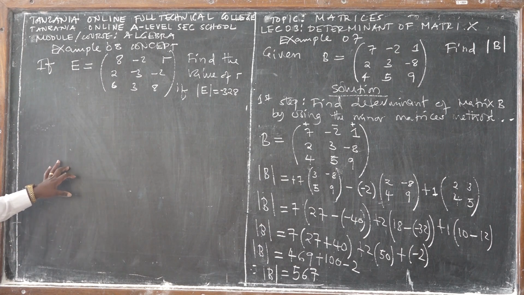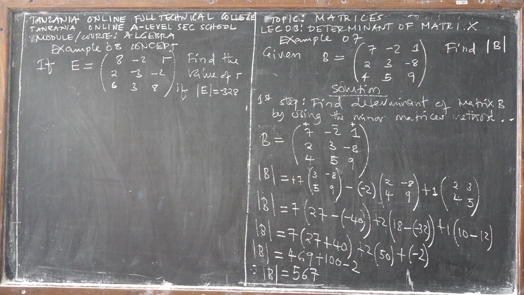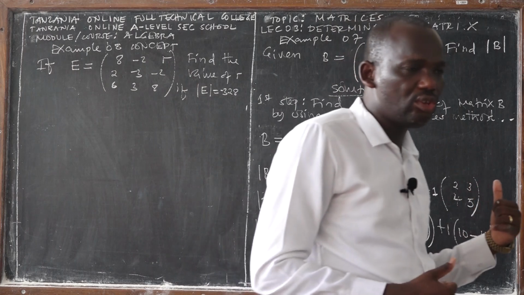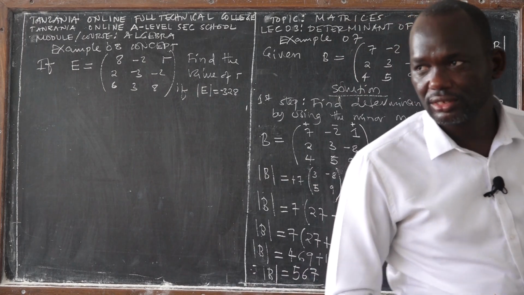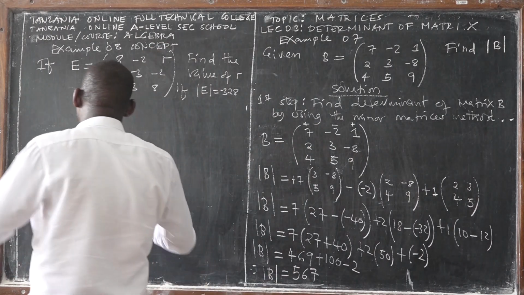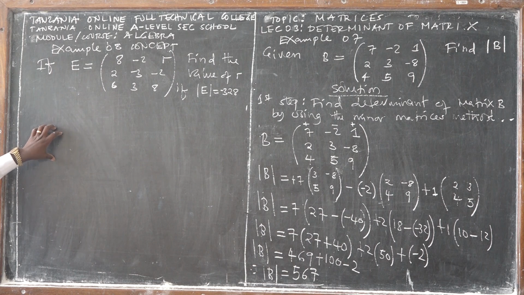So it's unknown. But we have been given the determinant of this matrix. So we know the determinant of the matrix, but we don't know some elements. So we have to use the same concept of finding determinant to find the value of the unknown element. Are we together? That's why I say this is a little bit challenging, because you have to think and understand the concept.